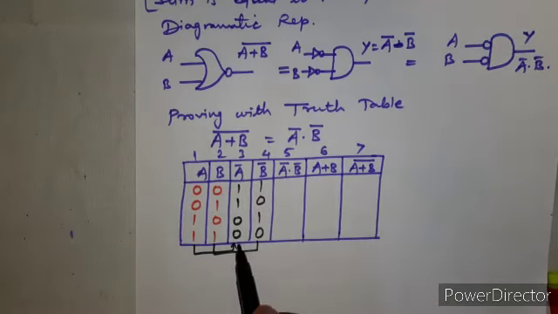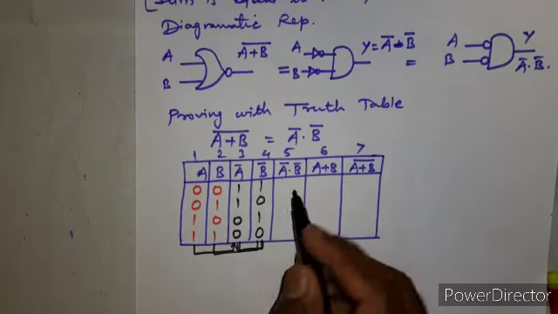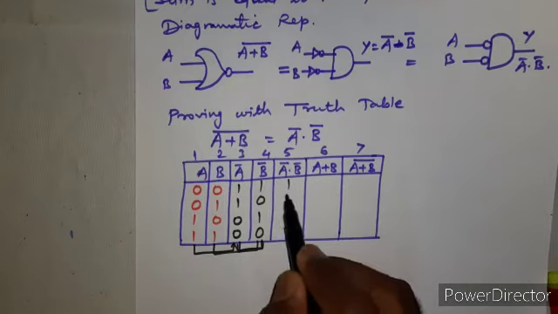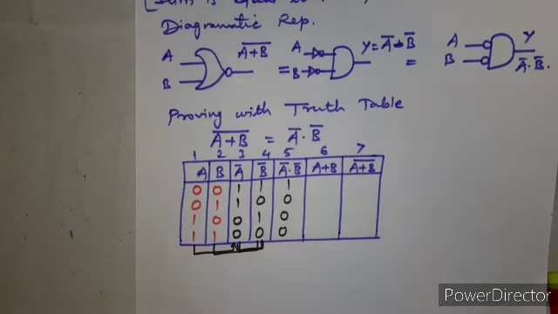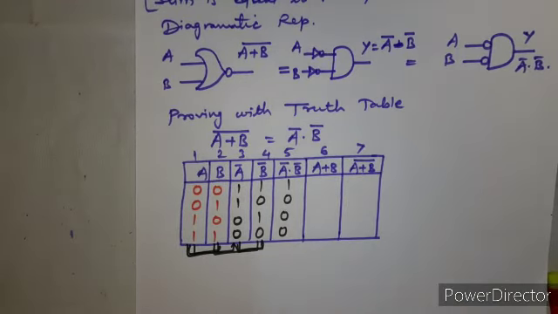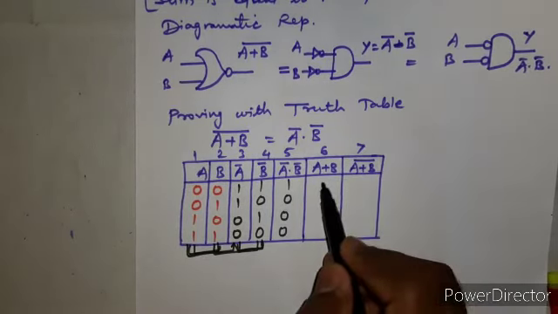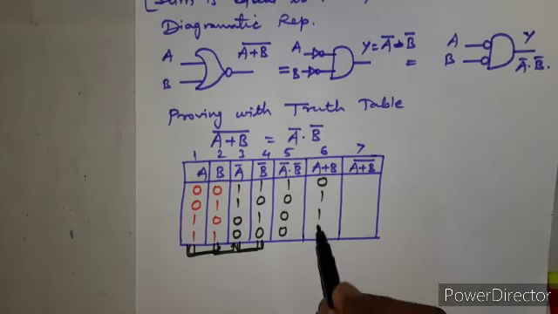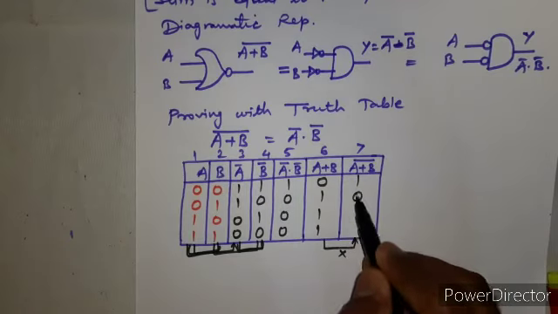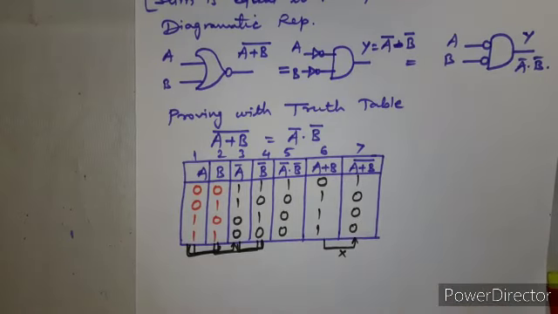Then A bar into B bar means ANDing this third and fourth column. ANDing means if any of the input is 0, output is 0, right? A plus B means ORing these two, first and second column. ORing means if any of the input is 1, output is 1. A plus B whole bar means opposite of this. So it is 1, 0, 0, 0, right?